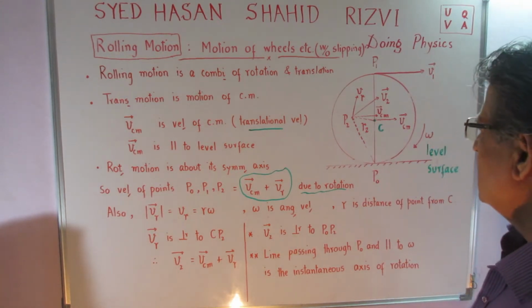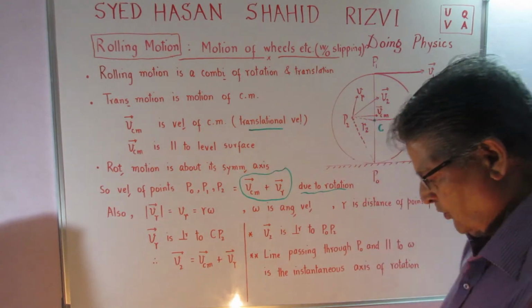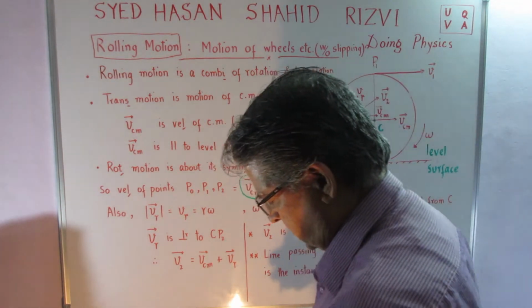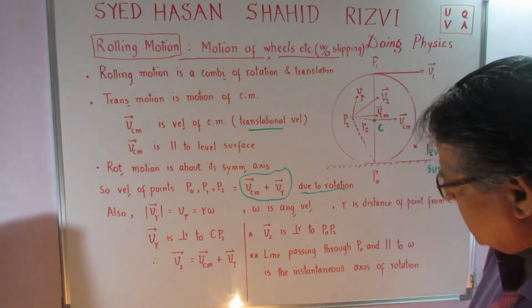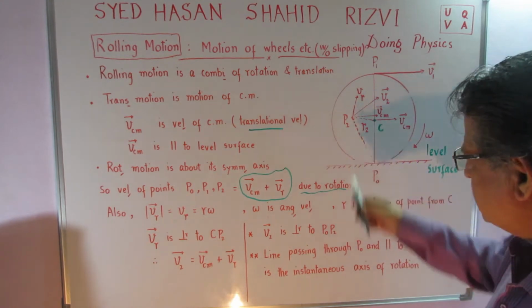Vr is perpendicular to CP2, because this motion is a kind of instantaneous circular motion, and the velocity vector is perpendicular to the instantaneous radius vector.